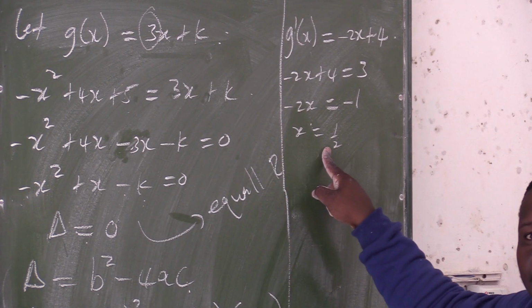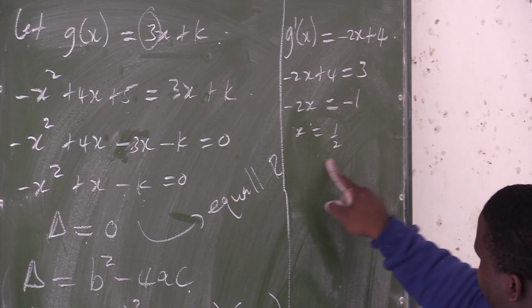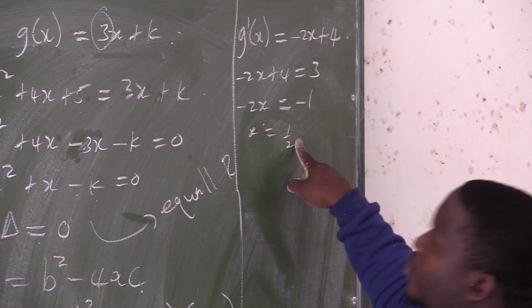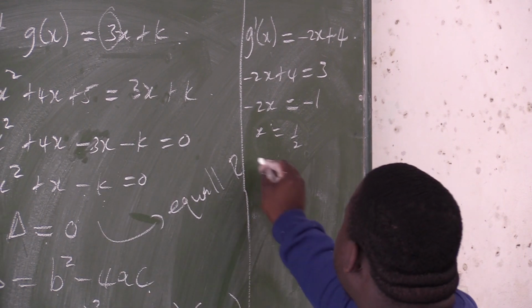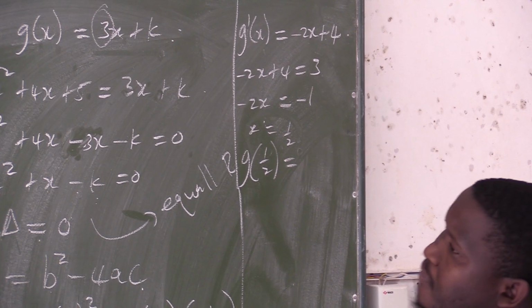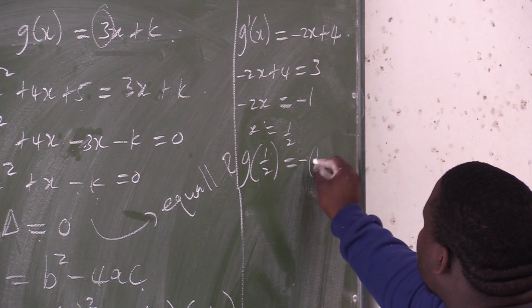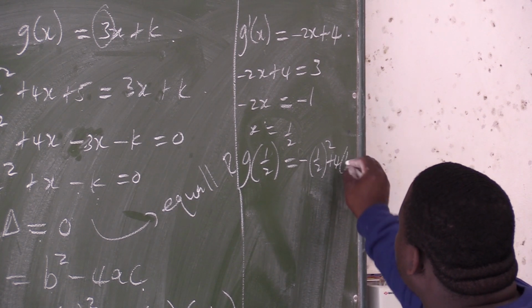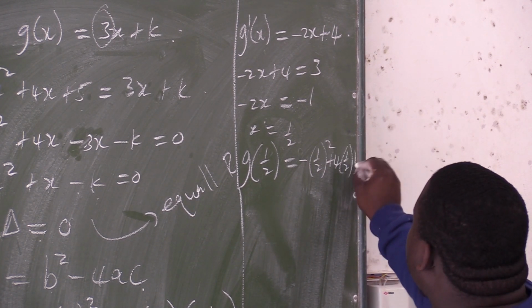Then I'm able to say, it means x is 1 over 2, this line will be a tangent when x is half. If I know this is the value of x as the point of tangent, then I take this 1 over 2 and substitute into g and find the corresponding y value. If I put 1 over 2, this will be negative 1 over 2 squared plus 4 times 1 over 2 plus 5.